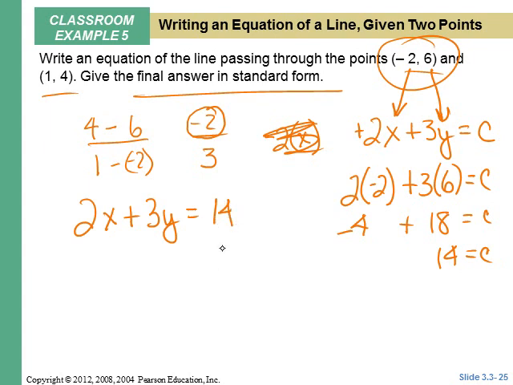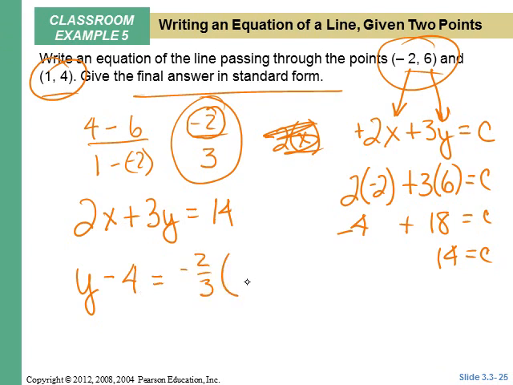Now let's see the way the book wants you to do it. They would say find the slope, which we did, y minus 4, using this point here, equals negative 2/3 times (x minus 1). So this is negative 2/3 x plus 2/3.